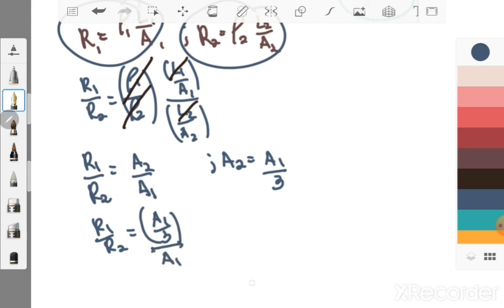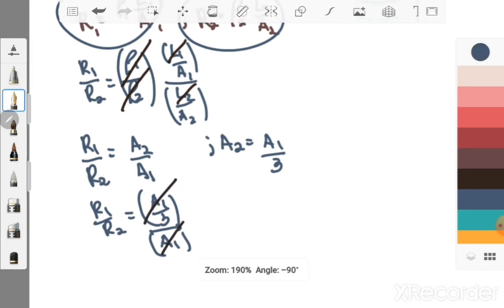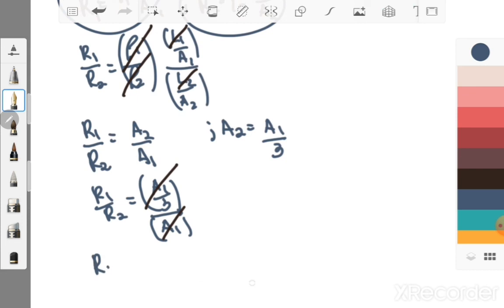Cancelling A1, since A1 divided by A1 is equal to 1, I may say that R1 is equal to R2 multiplied by 1/3. As I have said, you don't need to make complicated constants. It's about how you analyze the problem.